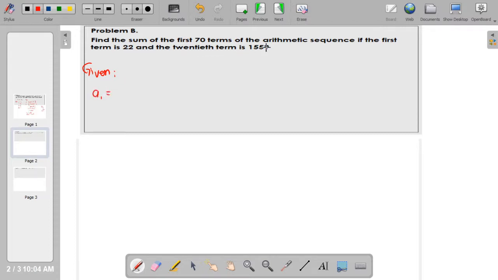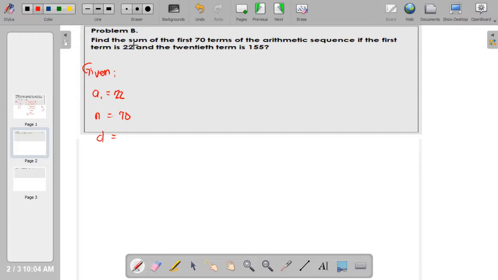The first term is 22, or our a sub 1 is 22. And then do we have our n here? Yes, it is 70, because we're going to find the sum of the first 70 terms. What more do we need? We need the common difference.